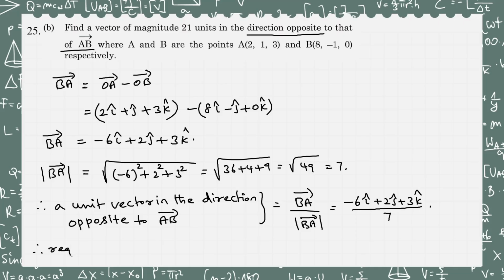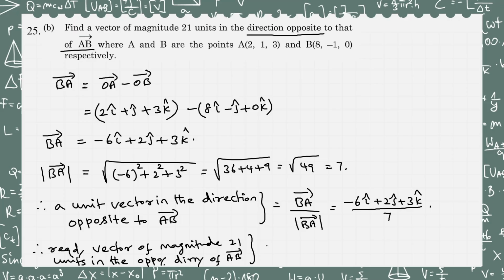For the required vector of magnitude 21 units in the opposite direction of AB vector will be 21 times BA vector by length of BA vector.